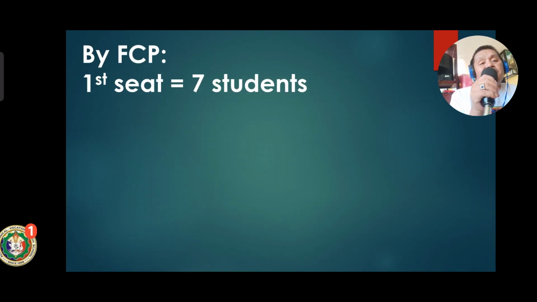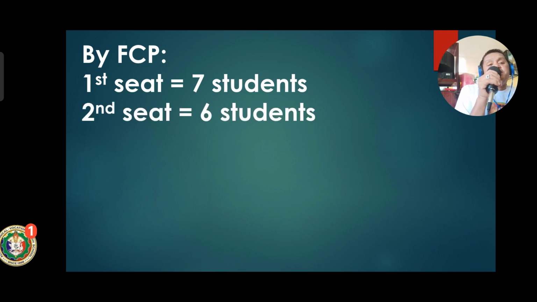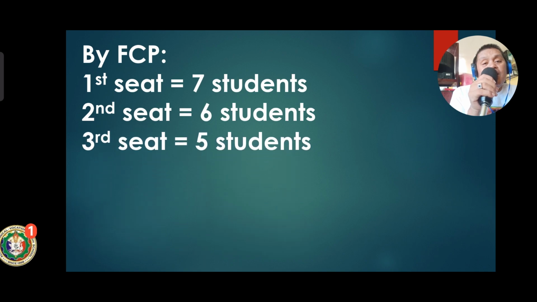By the fundamental counting principle, for the first seat, there are 7 students so 7 ways. For the second seat, there are 6 ways for the students to take the chairs. For the third seat, there are 5 ways for the students to take the seats.